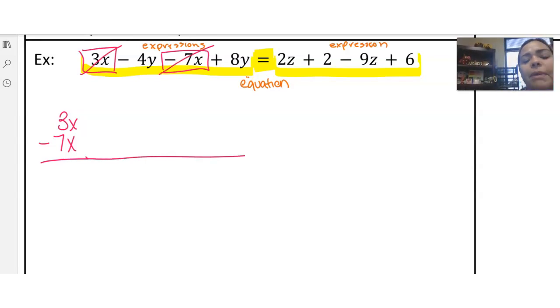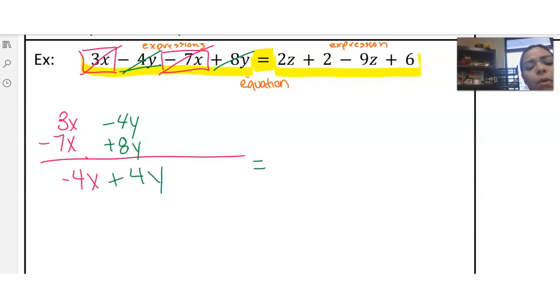After I rewrite them, I like to cross them off so I don't forget any. Next, we've got negative 4y. We're going to create its own column because it doesn't have an x. This 8 also has a y, so it's a positive 8y, and we're going to combine those two. So on the left side, once we simplify, we have negative 4x plus 4y.